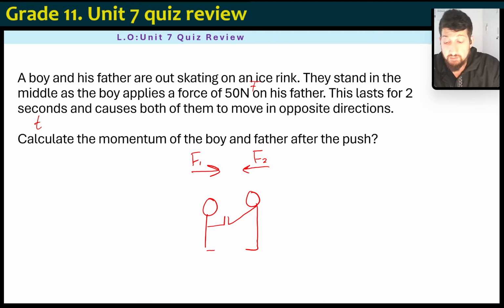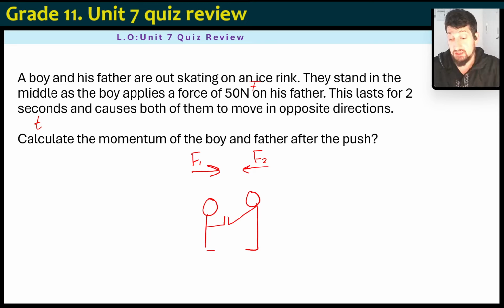Okay. So basically, what you need to understand is that before the push, the momentum was 0, because the boy and the father were not moving, they were standing. So we only have final momentum here.